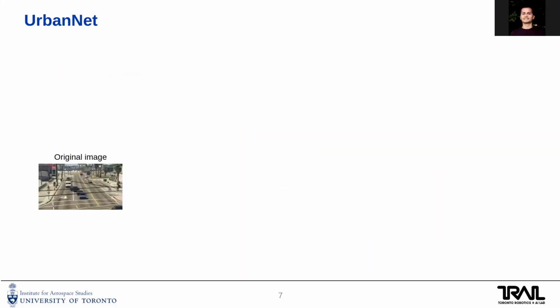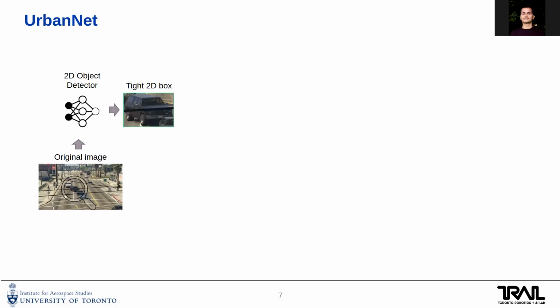Now, the method we introduce in this paper is called Urbanet. We start with an image collected by a traffic camera. We run a mature 2D object detector to get tight 2D bounding boxes for each vehicle.